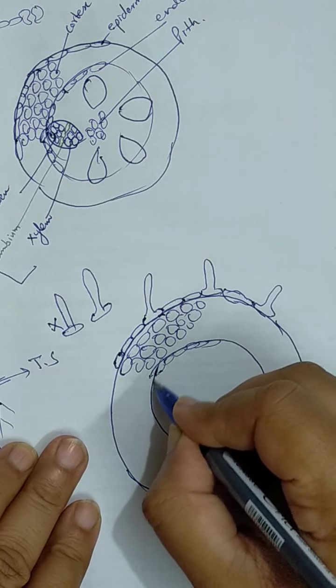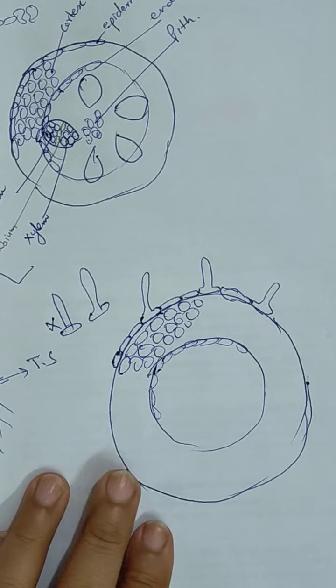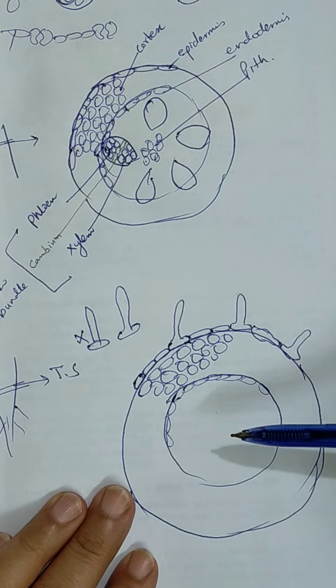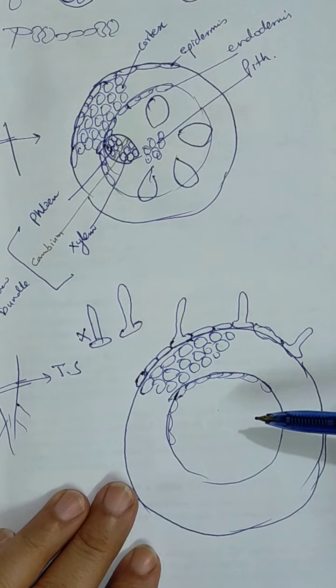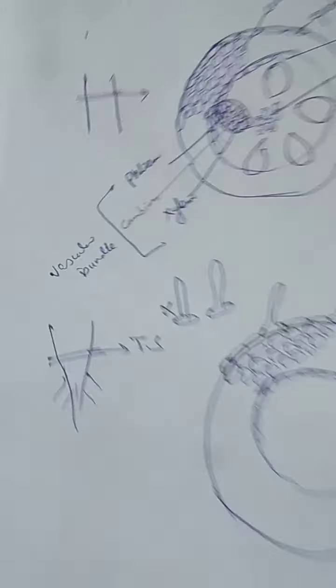I'm not drawing all the tissues, just to save time. Now remember one more thing: here the arrangement of xylem and phloem is in the form of a star shape.